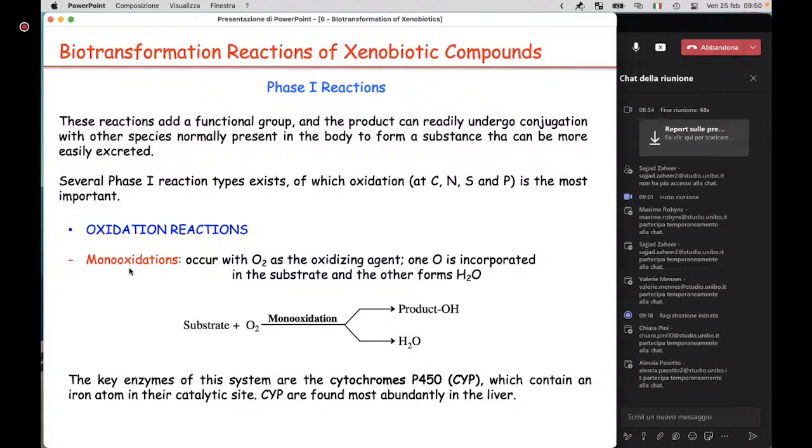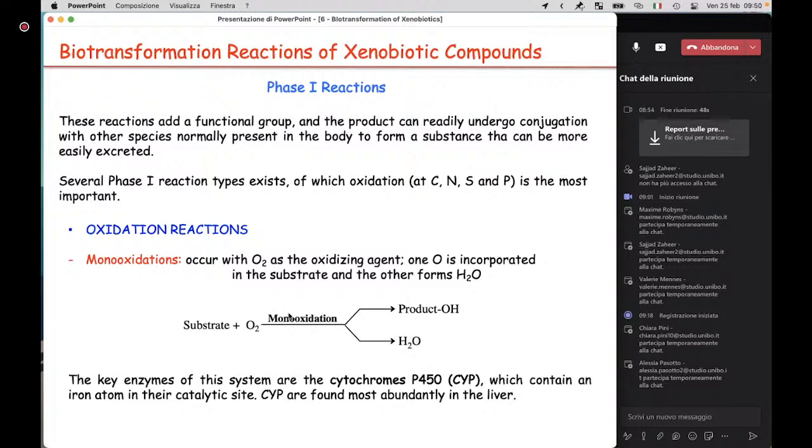Mono-oxidations are the oxidation reactions where oxygen, let's say real oxygen molecule as such, is used as the oxidizing agent. Of the two oxygen atoms in the oxygen molecule, one is used to oxidize the molecule, and the other one is incorporated into water.